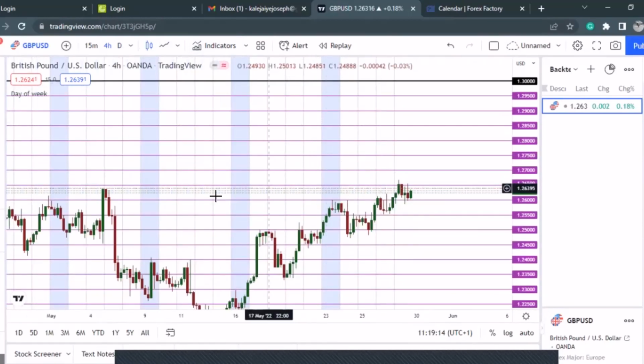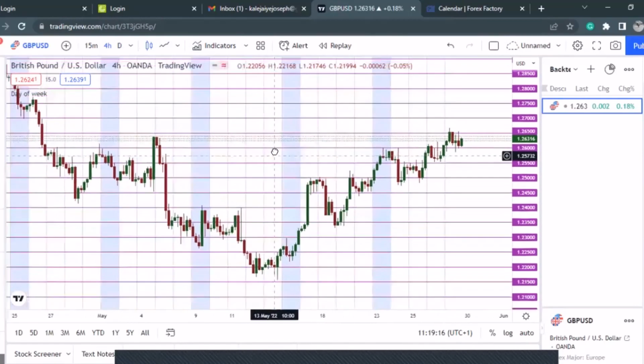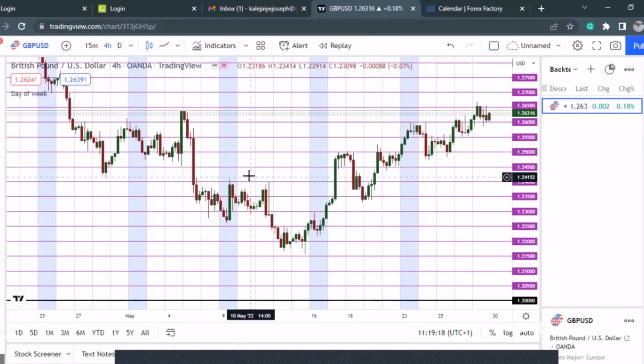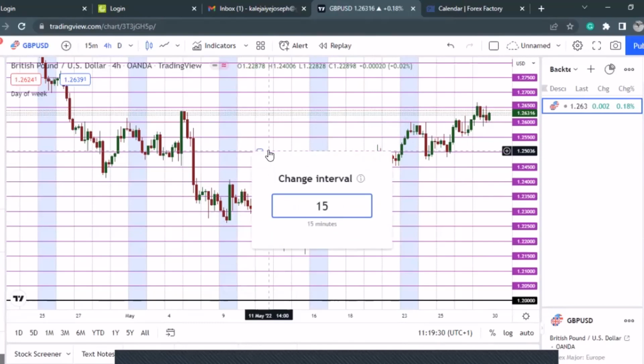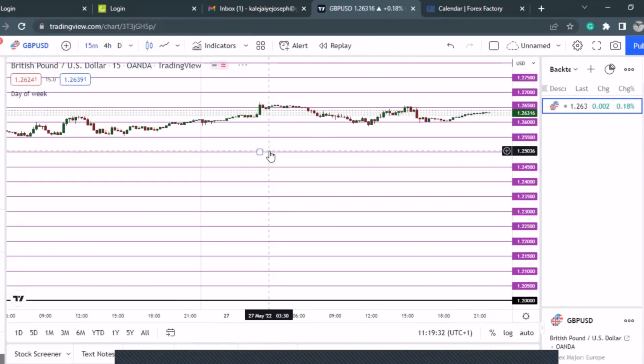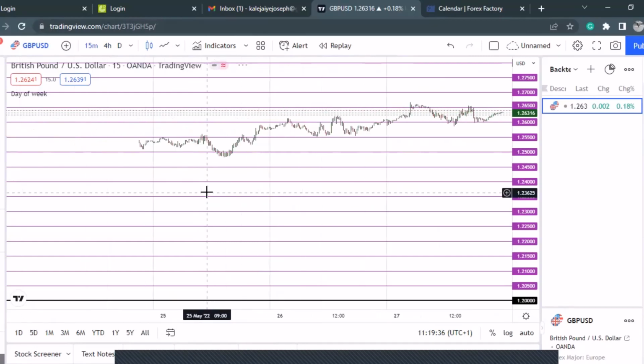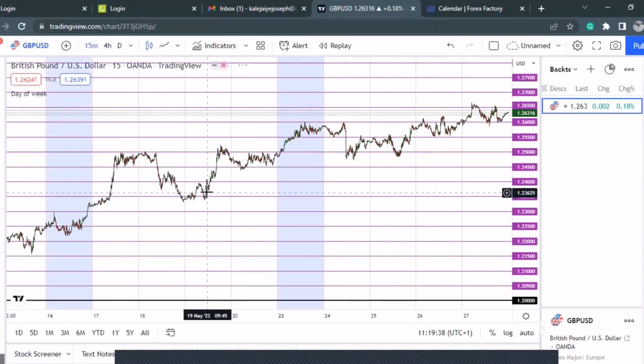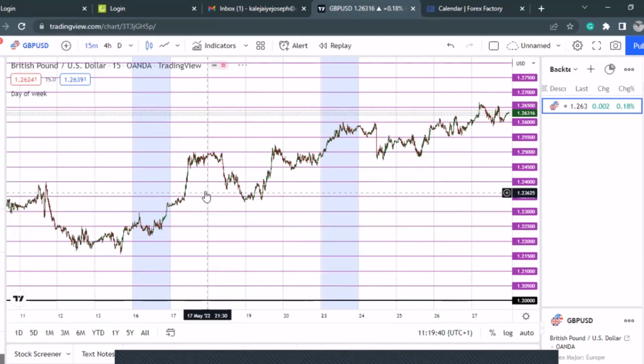This is on our 4-hour time frame. We can see that each time price comes around this area, there's always a reaction. So basically, all we have to do is go to the lower time frame, read the reaction, and then we trade off that. That is how Quarters Theorem works in respect to psychological levels.